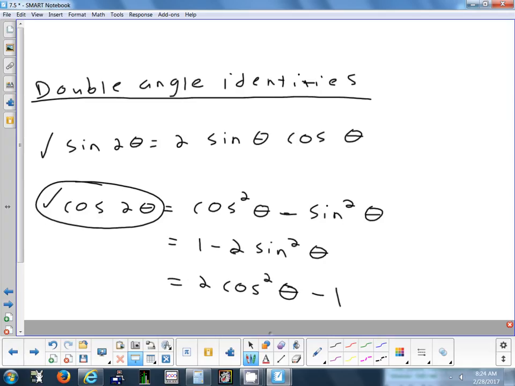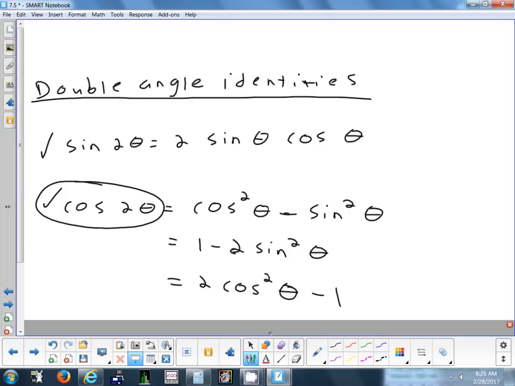Does that top identity look similar to anything else? Something that we studied earlier? Think about it. If you're going to change that, you'd have to plug something into it. But we have other identities that look very similar to that. Can you remember the other one? Yeah?